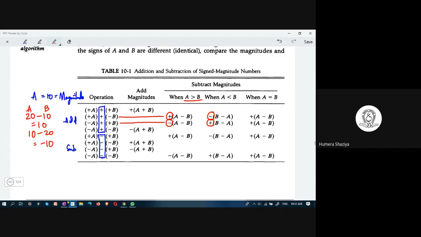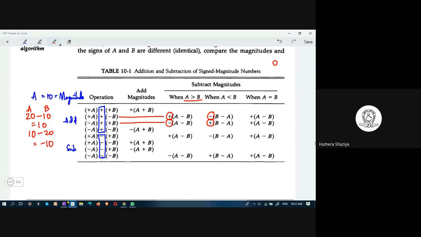When A and B are both same numbers, when they are equal, say 10 minus 10, you don't have minus and plus 0. Students, remember, there is no sign associated to the number 0. It is just a 0. It is not plus 0, minus 0.